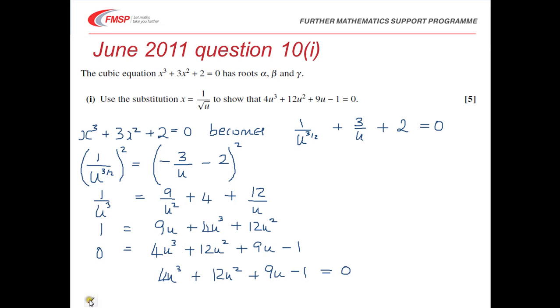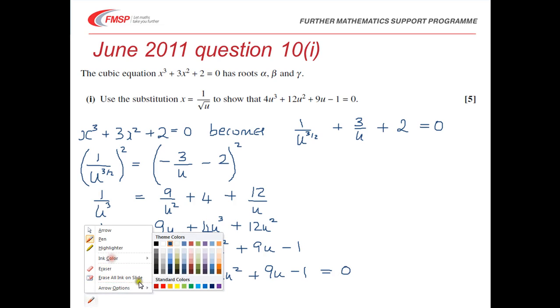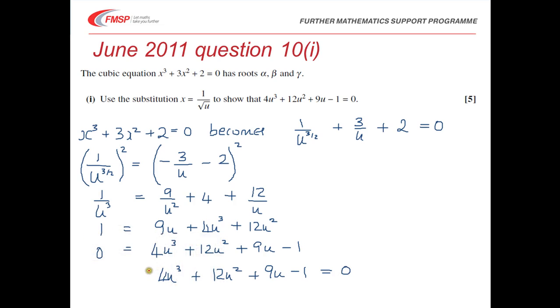So the 5 marks for that question, if we just have a quick look at how those marks are allocated, then you got 1 mark at this stage for substituting in correctly. You then got a method mark for seeing that you needed to rearrange it and square both sides.